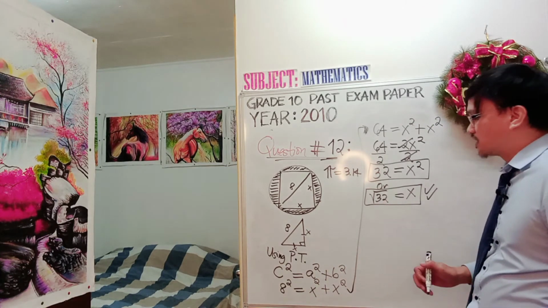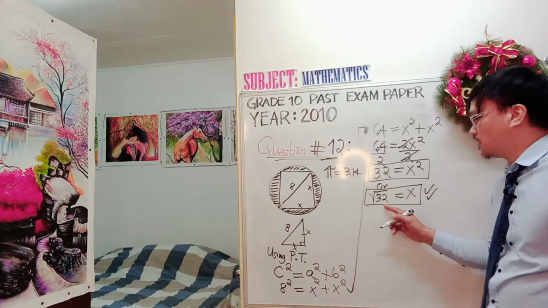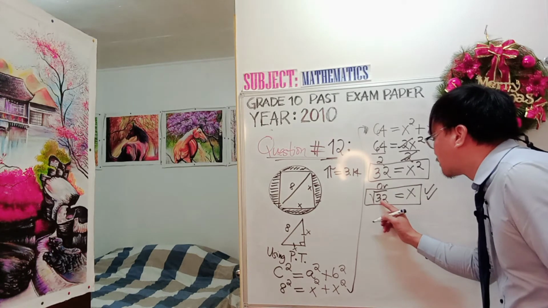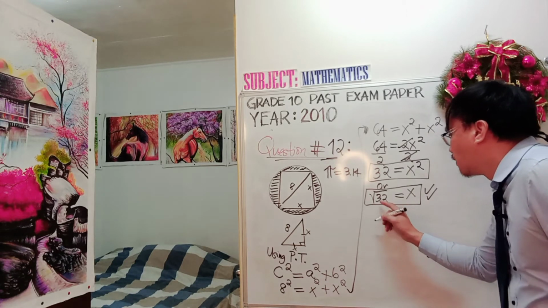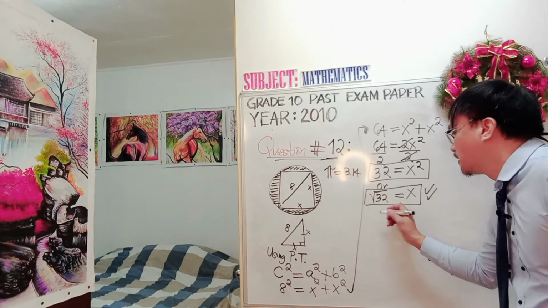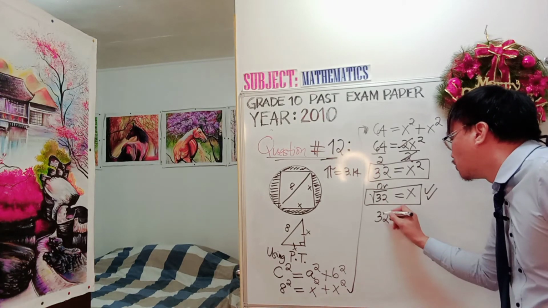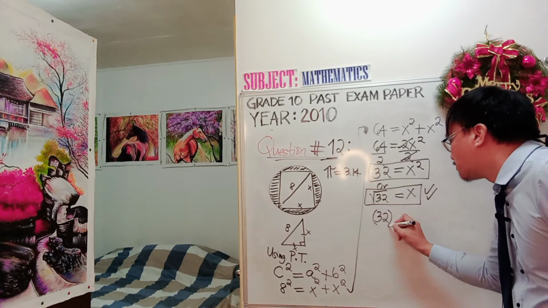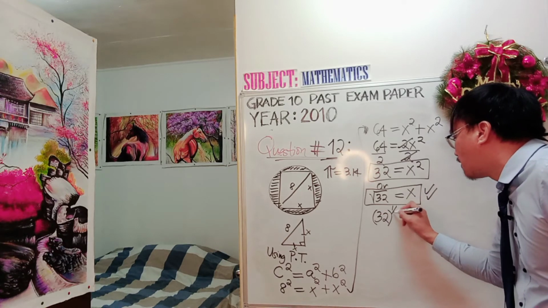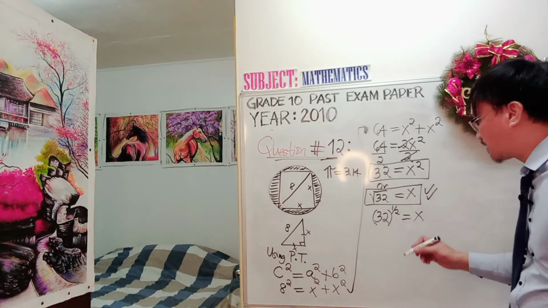So why are we leaving the answer like this? By the way, when you want to express this square root 32 in index form, the value becomes 32 in brackets to the power of 1/2 equals x. Take note of that one.